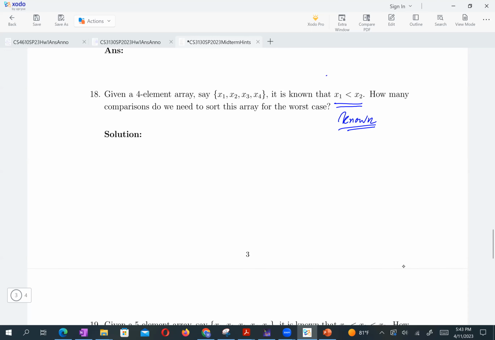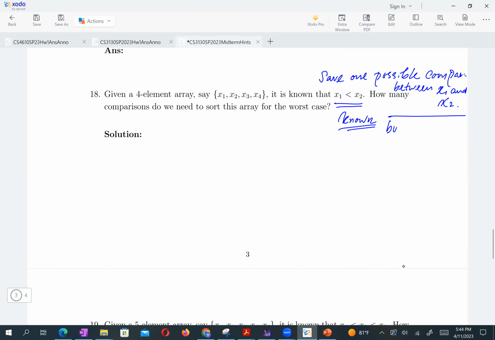So this condition just saves one possible comparison between X1 and X2. But for other comparisons, it cannot save. For other comparisons, you still do the normal comparison.